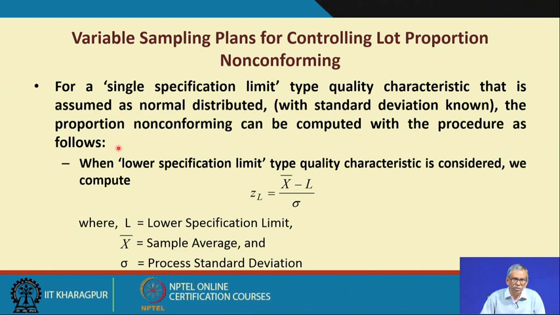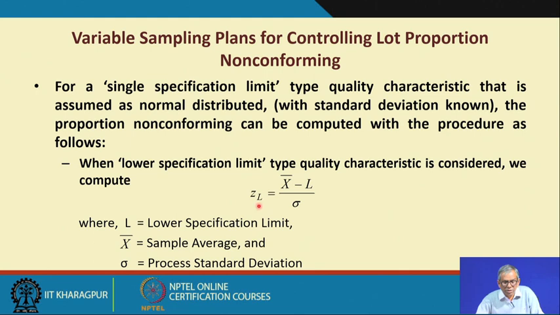So when the normality assumption holds, you can calculate the proportion non-conforming. How do you calculate? I'll just explain one procedure. Suppose it's a lower specification limit type quality characteristic, and the lower specification limit is specified as capital L. So you compute ZL, the standard normal deviate.